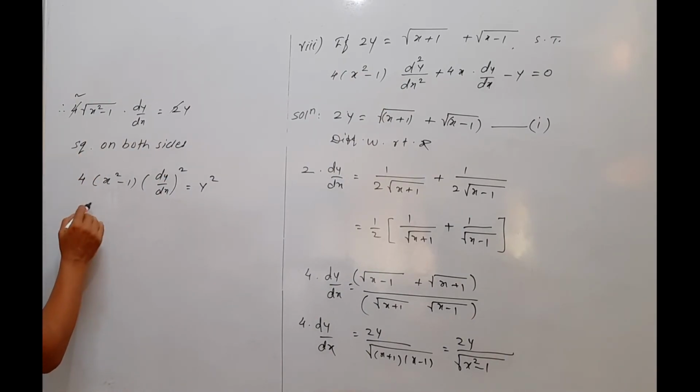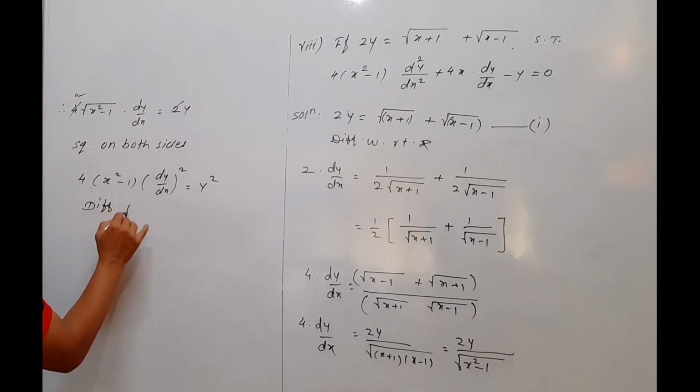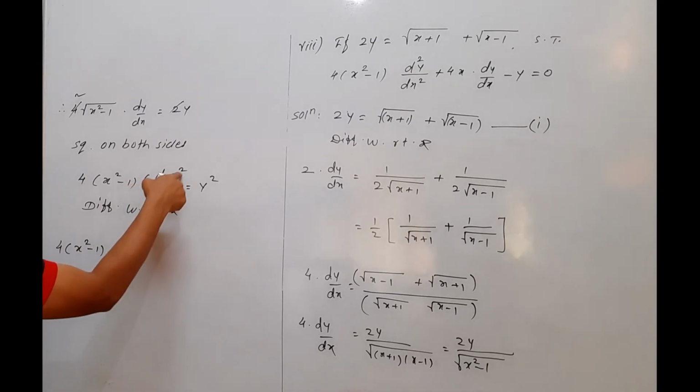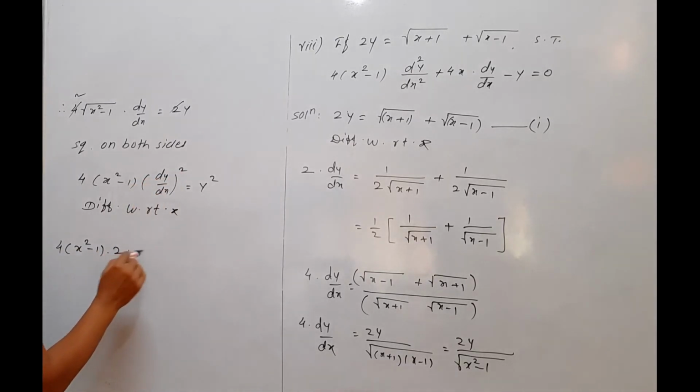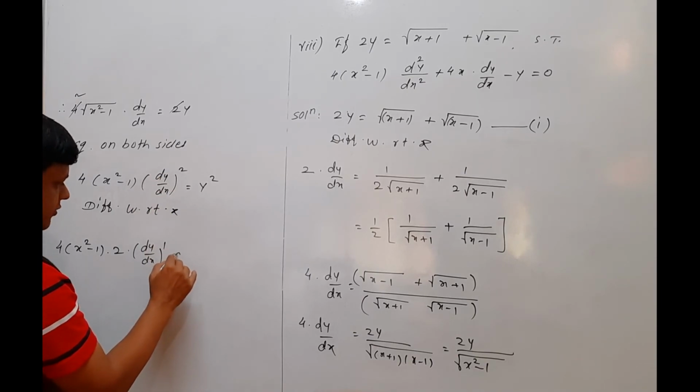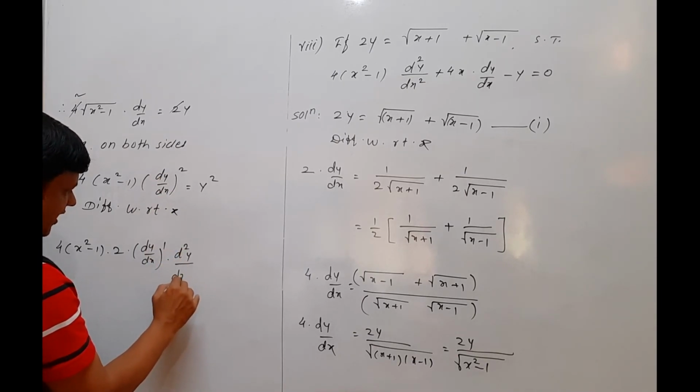Now differentiate this with respect to x. Now 4 is constant. We have to apply the product rule here. So you can keep 4 common, or you can write 4 with this first bracket. So write here first function into derivative of second, dy by dx bracket square: 2 into dy by dx bracket raised to the power 1 into derivative of dy by dx, we write d2y by dx2.